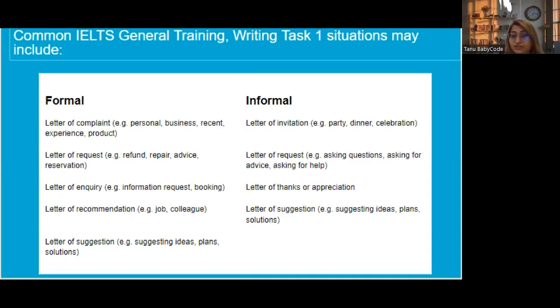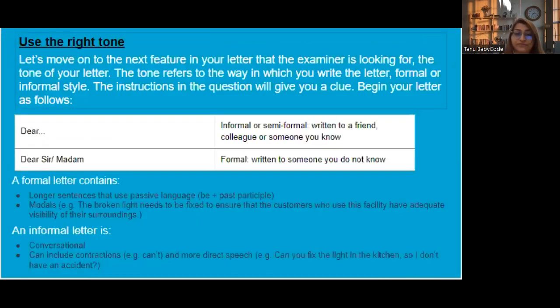Letter of recommendation, letter of suggestion. Informal contains letter of invitation for a party, dinner, celebration, letter of request asking for help, asking for advice, letter of thanks or appreciation, again you are thanking your friend or family member, letter of suggestions again.